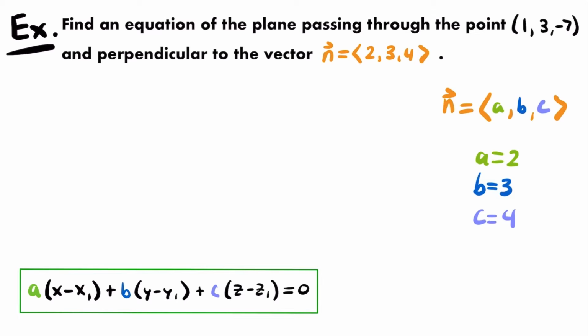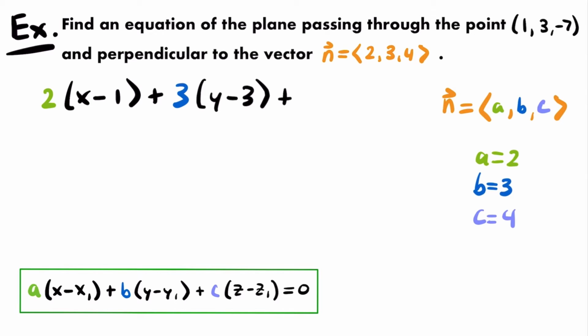We're going to start with a times (x minus x1). So we will have 2 times (x minus 1), right? That's our value of x1, the x-coordinate of our point. Then we will add that to b times (y minus y1), so we'll have 3 times (y minus 3). And then we add that to c times (z minus z1).